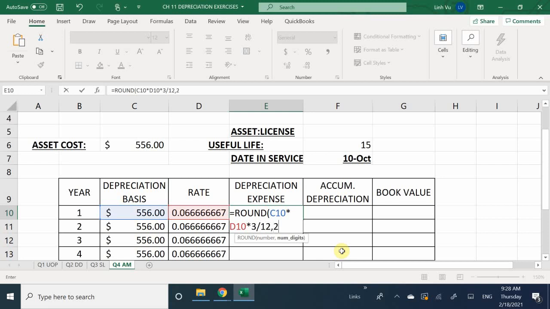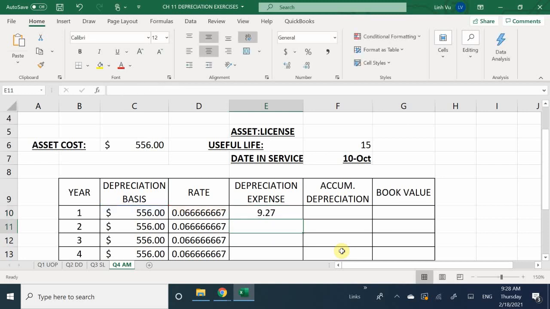So how much is my depreciation expense for the first year? $9.27.